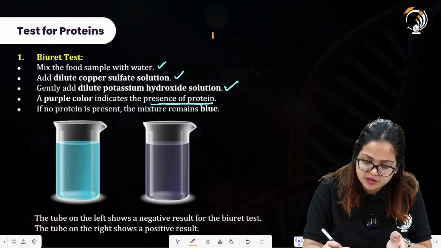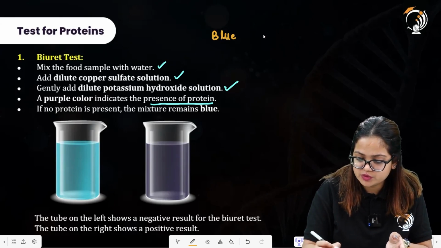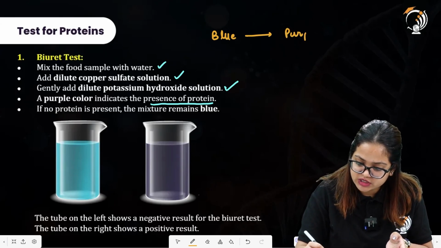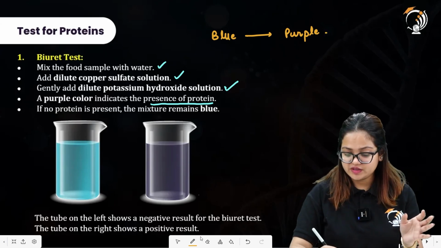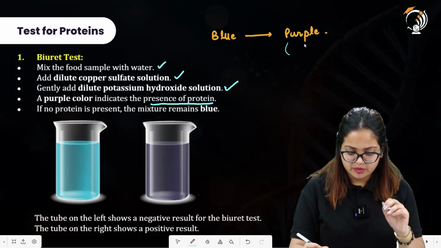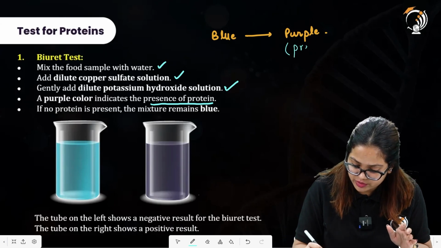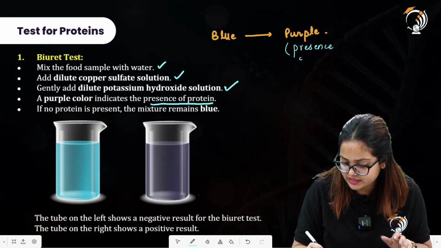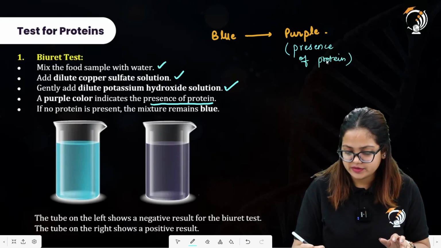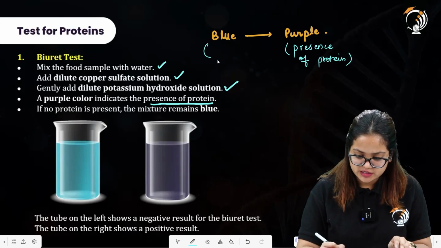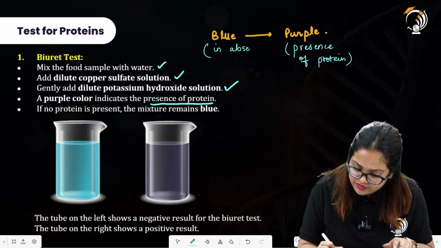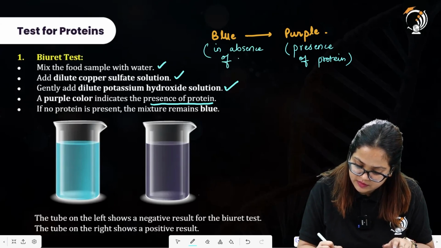that a blue to purple color change is seen whenever there is protein present in the food sample. The purple is indicating the presence of protein, and the blue color says that no protein is there, in absence of protein.